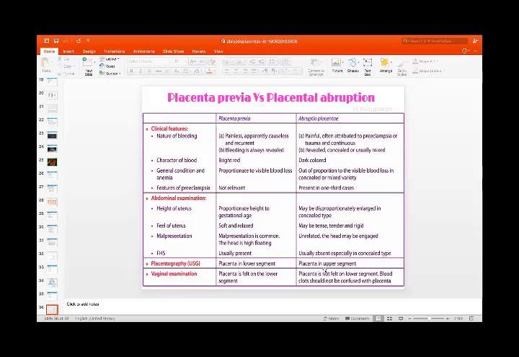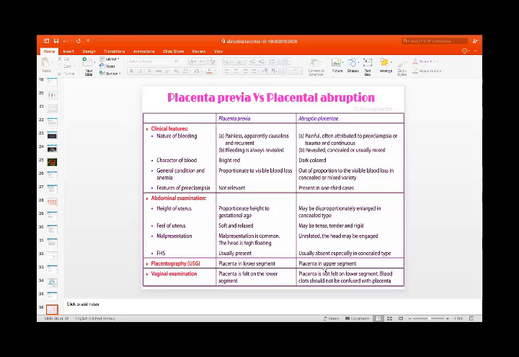On examination, look at the height of the fundus, the consistency of the uterus, the presentation and the heart sounds. In previa, the height of the fundus is usually according to the gestational age. The uterus is soft and relaxed. Malpresentation is common, the fetal head is high floating, and fetal heart sounds are usually present.